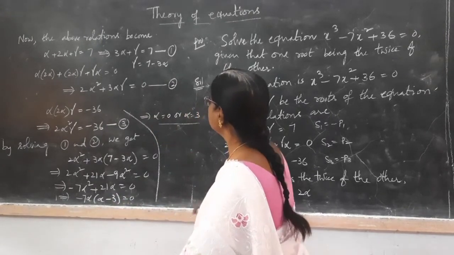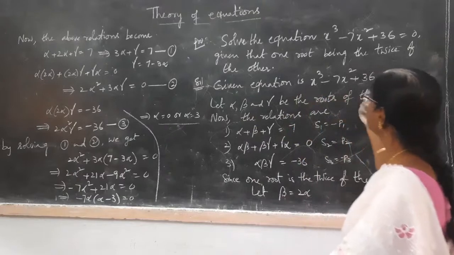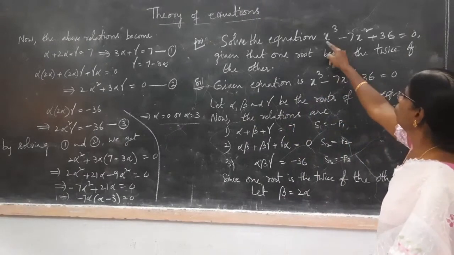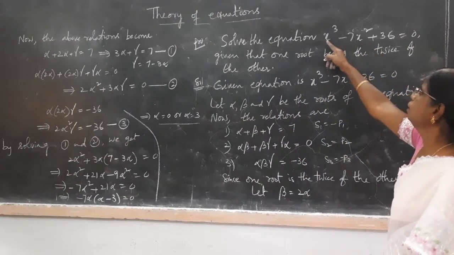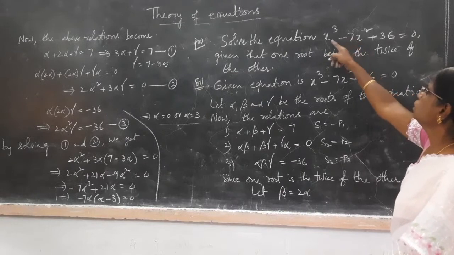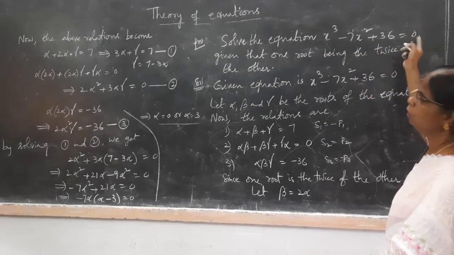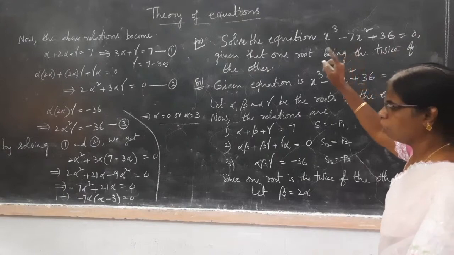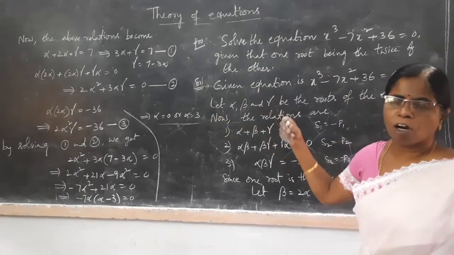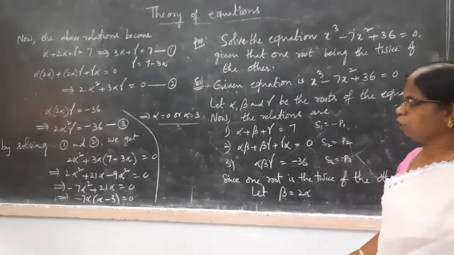So what is alpha? Alpha is the root of the given equation. Put alpha 0 here: 0 minus 0 plus 36 is not equal to 0. So it is not satisfying. That is, alpha is equal to 0 is not a solution of the given polynomial equation.